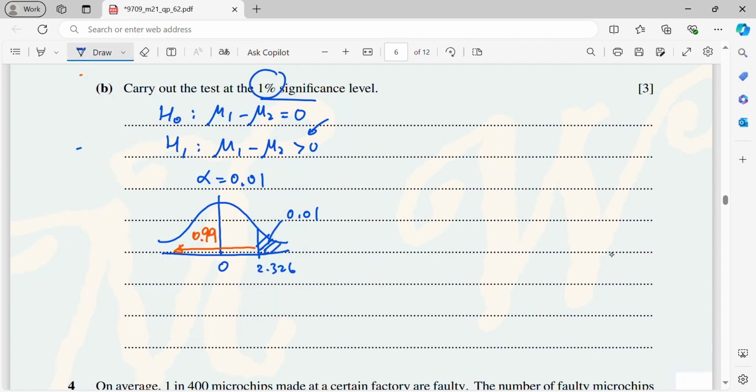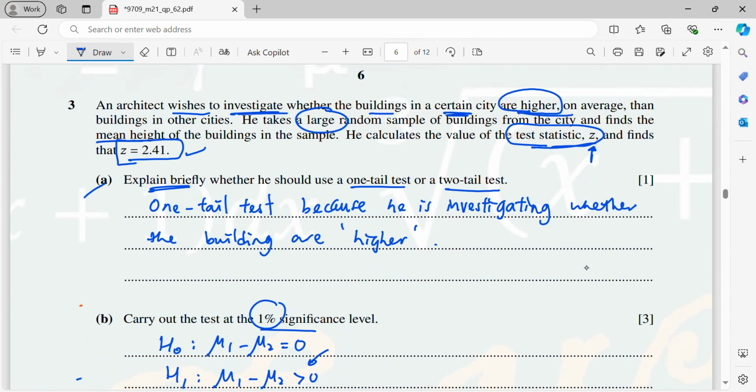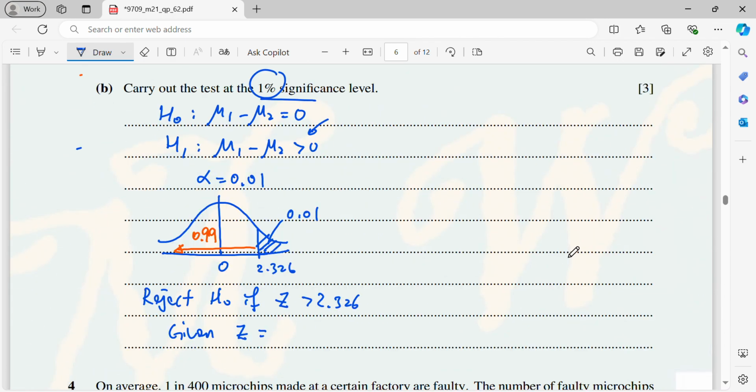Okay, so you have to write down the rejection criteria. So reject H0 if the Z is greater than 2.326, because the shaded region means the rejection region. Now given the Z value he has calculated, Z is basically 2.41.